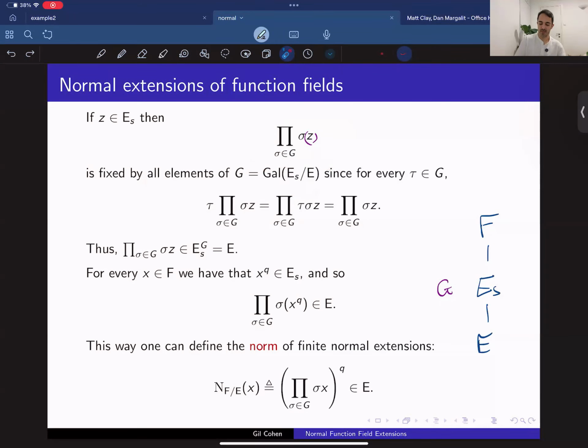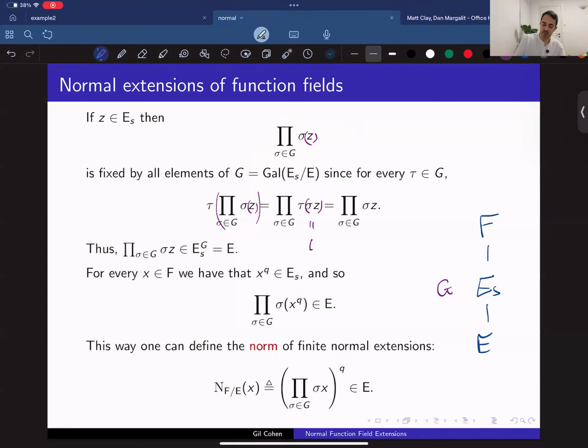Okay, so why is that? Because if you take a tau and you apply it to this product of elements in E_S, tau of a product, tau of AB, is tau of A times tau of B, so you can apply tau to the product as the product of taus applied to sigma Z like that.